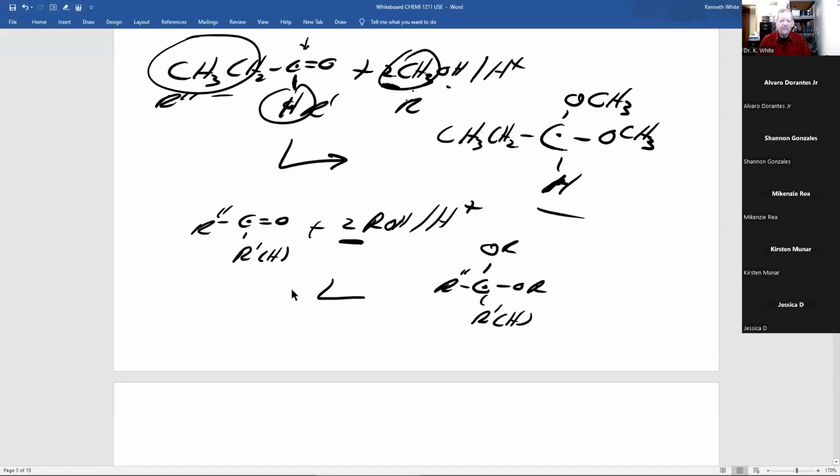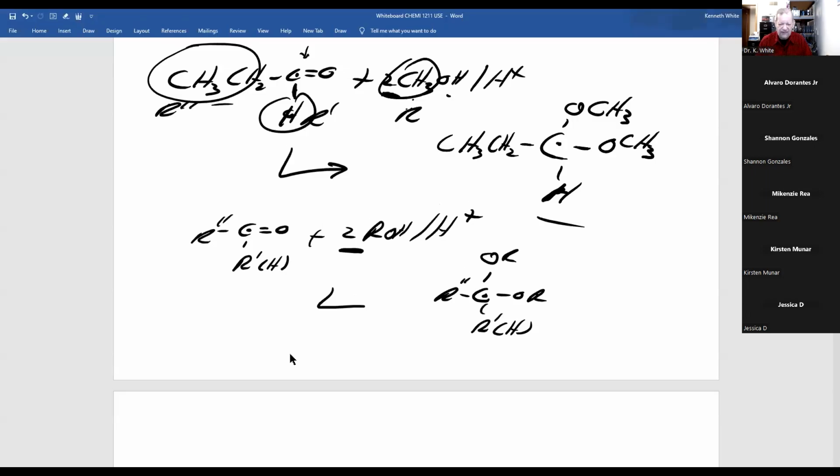Let me remind you, the reaction I did with one molecule of an alcohol, an aldehyde, and ketone, and now we are working on two, are two of the more challenging ones you'll see this semester. All right, we're just looking at this reaction.